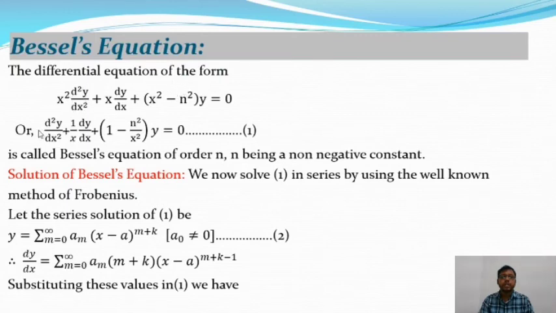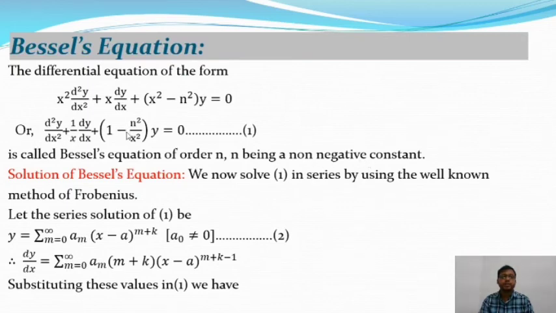Dividing by x square on both sides, we get d2y/dx2 plus 1/x dy/dx plus (1 minus n square/x square) y is equal to 0, and we call it equation number 1. This equation is called the Bessel's equation of order n, where n is a non-negative constant.